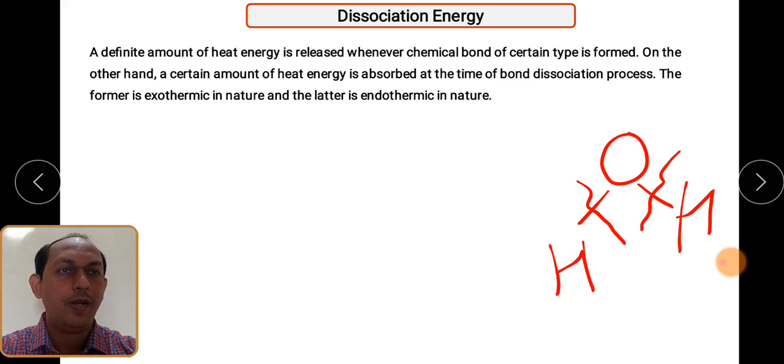When these two covalent bonds break, it gets split up. When H2O gets split up, we get hydrogen and oxygen. So whatever the energy released, that is nothing but dissociation energy.